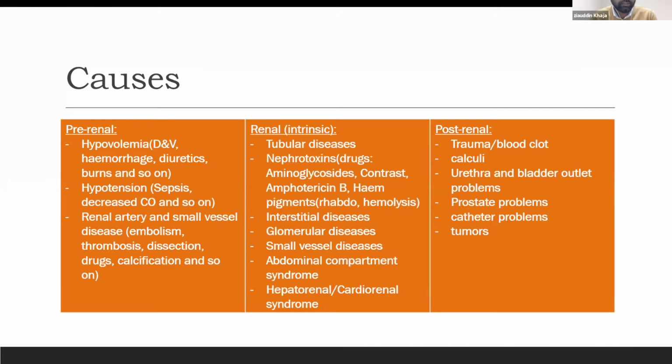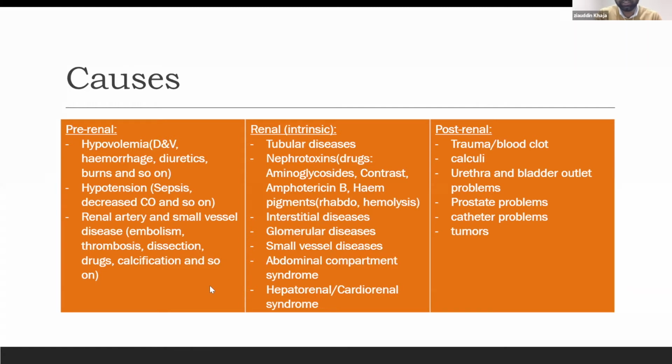Not often that you see renal artery stenosis, but it's important to keep in mind if there is any small vessel disease, especially considering any embolism or thrombosis, and in elderly people, thinking about dissection. And then renal causes, again some problem with the kidney itself.